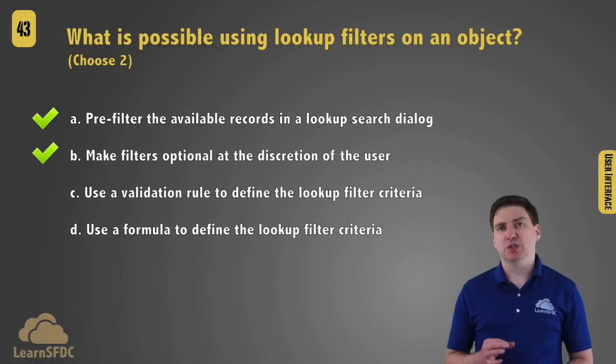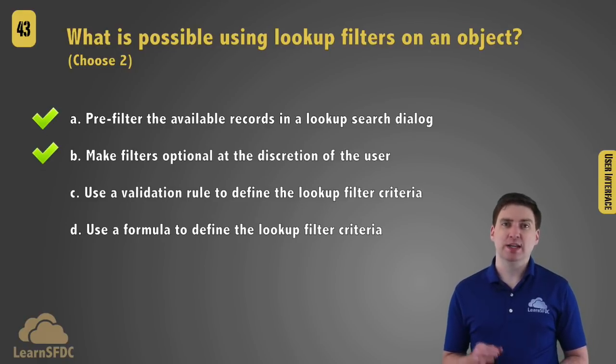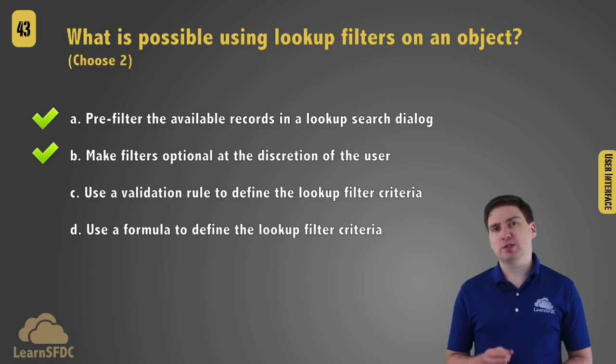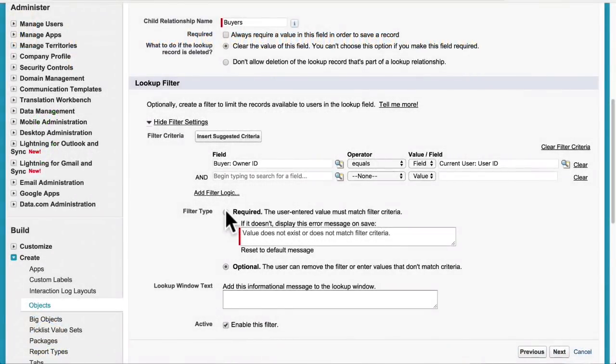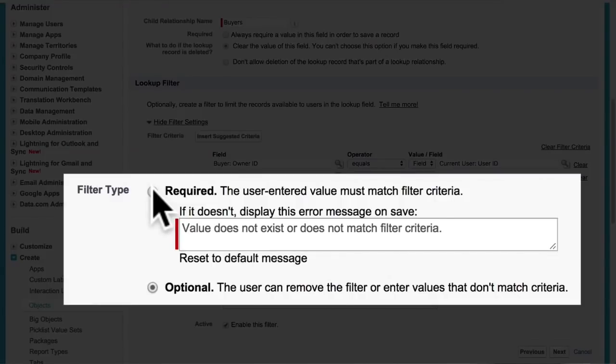An app builder could choose to use the lookup filter instead of relying on a validation rule if they were looking to limit the number of available options in a lookup search dialog or to help a user more quickly narrow down the available choices. These filters can be made optional so that a user can still choose to override the filter and choose from any of the available records.